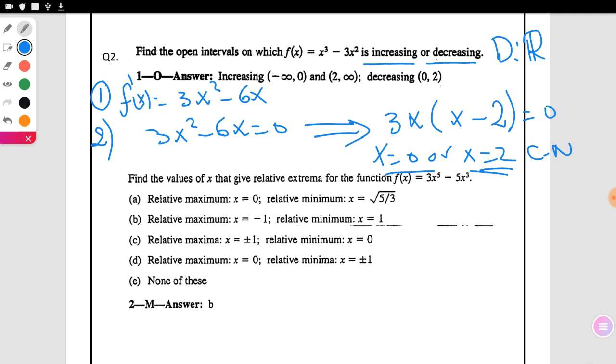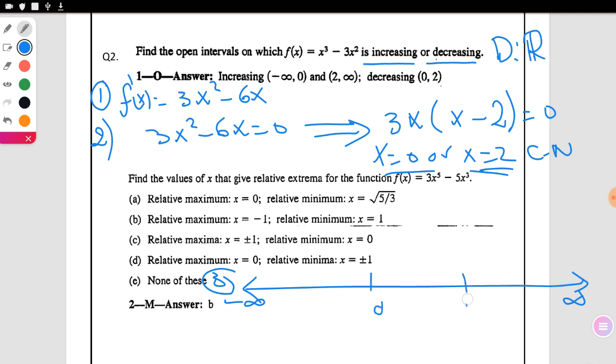The third step, I'll continue in any empty place. I will use the number line, and here negative infinity, and since the function is defined at all real numbers, I will not write more than the critical numbers, here 0 and 2.